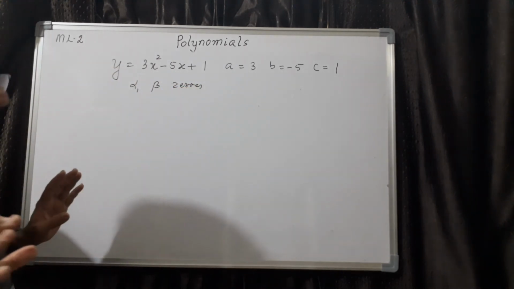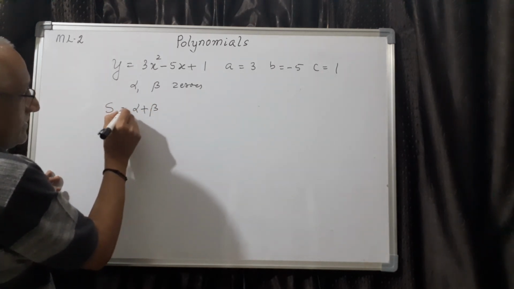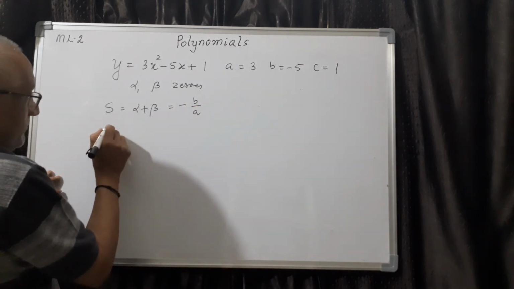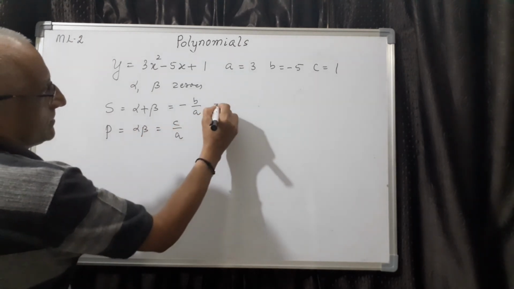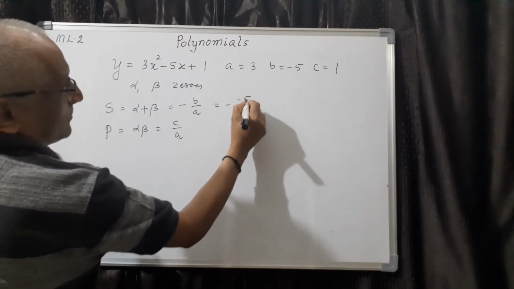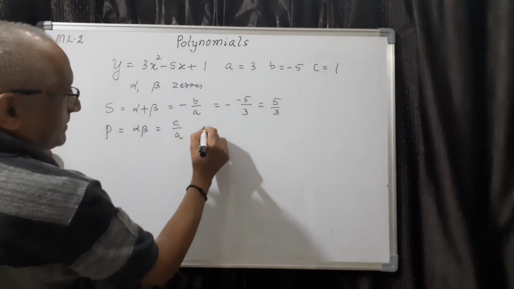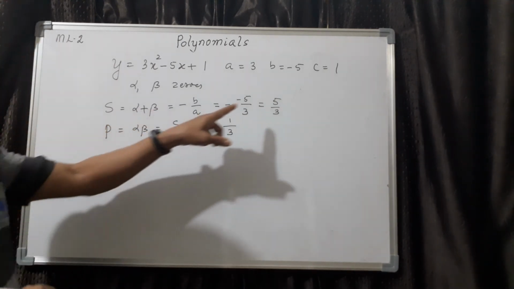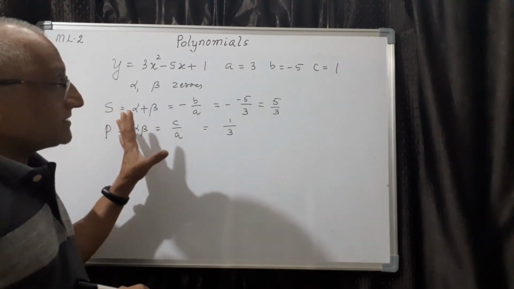You need not even calculate them. Then alpha plus beta, let us call it the sum, will be equal to minus b by a, and product alpha beta will be equal to c by a. So here minus, then minus 5 divided by 3, so this becomes 5 by 3. And here this will be c, 1 by a, 3. So the sum of the zeros is 5 by 3, and the product of the zeros is 1 by 3. So this is the idea.